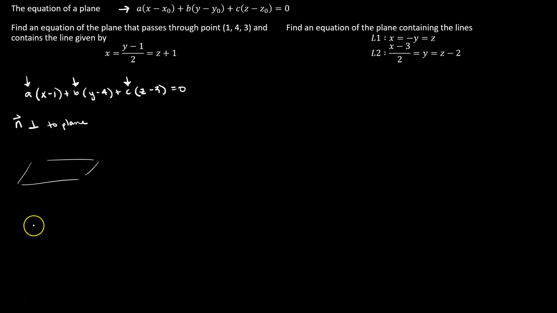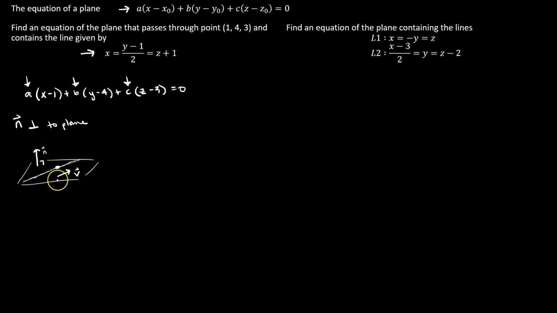If we imagine that this is a plane, and that this line is contained within that plane, then we could picture that the line is laying on top of or inside of the plane, which means the vector v that that line is parallel to also lives in the plane. That's not the vector n that we want. We need a vector n that is perpendicular to our plane.